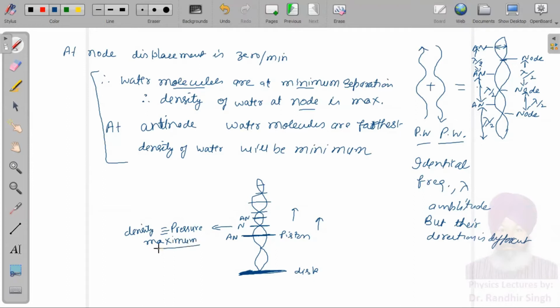So that will make the vibration of the disc difficult. Please recognize this because the water is putting maximum pressure. So at every node, the disc will need more energy to vibrate.